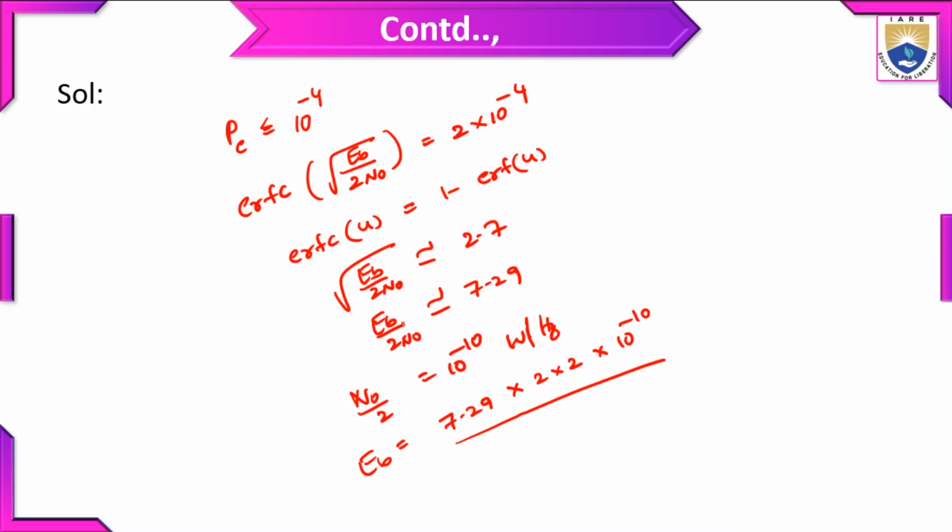Multiply all this, 7.29 into 4, it is nothing but 29.2 into 10 power minus 10 joule. So this is the energy per bit.